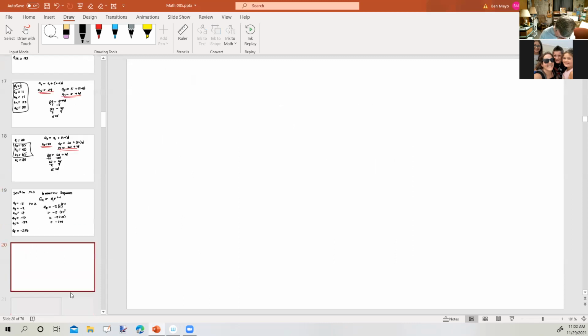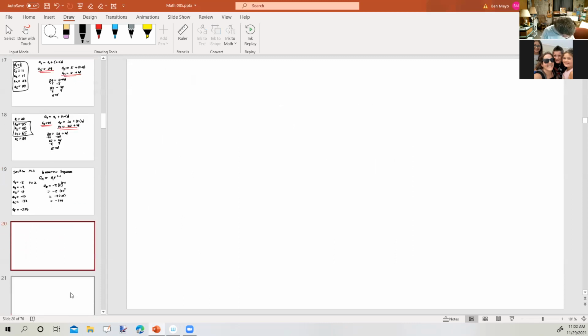Okay, let's see here. Find the specified term of the geometric sequence with the following properties. The first 3 terms are 50, 100, and 200. Find the 10th term. All right.